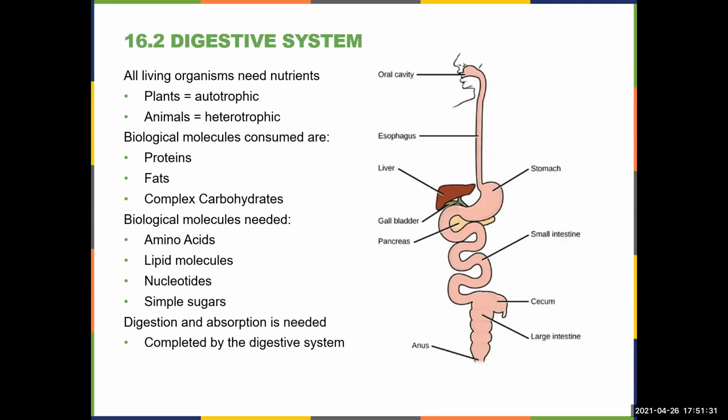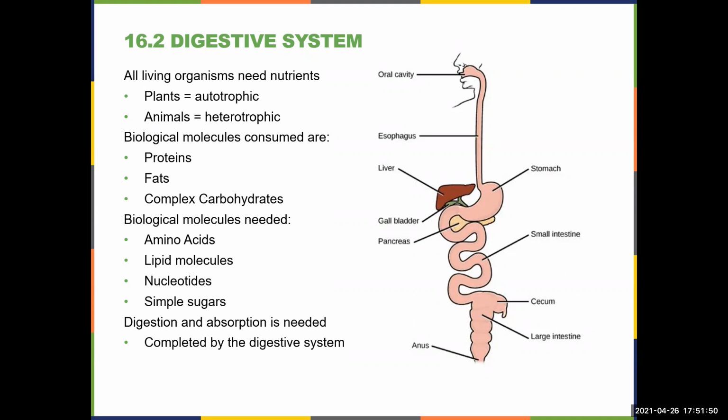And so what this means is that we can break down these larger biological molecules that we initially consume into the components, or the monomers, that our body needs in order to function appropriately.